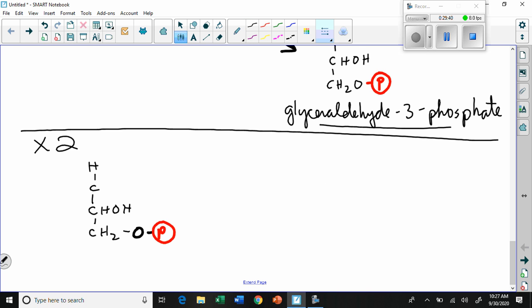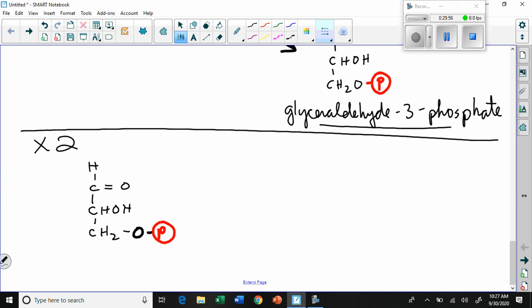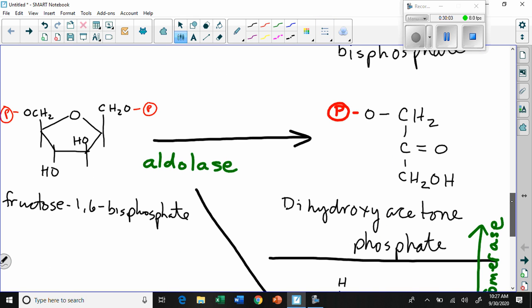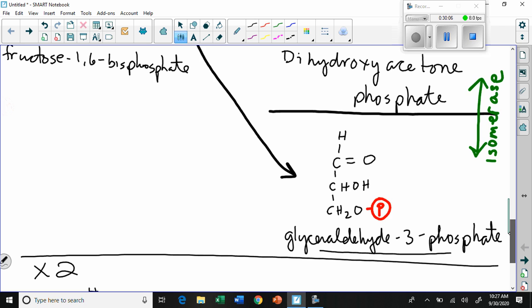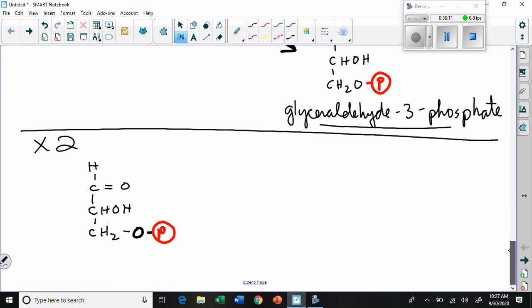And then the rest of it, what do we got here at the top? Oh, CH2OH. This is a double bond O at this guy. There's our molecule. It's the same as this one up here. Should look the same as that. I think it does. And so now it's going to be turned into something.